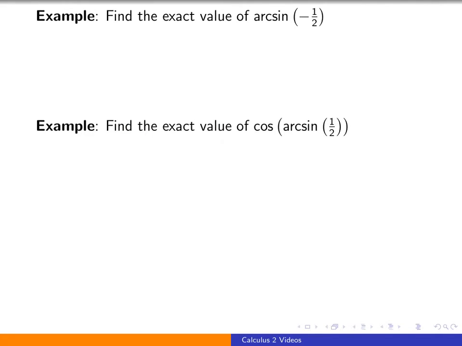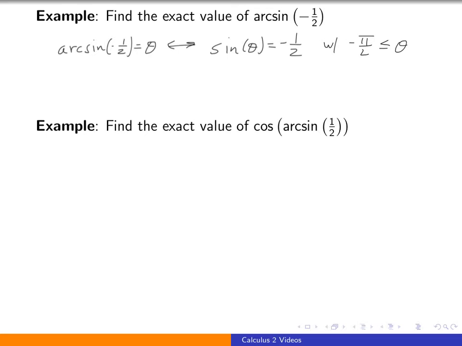For the first example, let's find the exact value of arcsine of minus 1/2. As a starting point, arcsine of minus 1/2 is going to be an angle, call it theta, such that sine of that angle is equal to minus 1/2, and the theta, recall, has to be between minus pi over 2 and pi over 2.